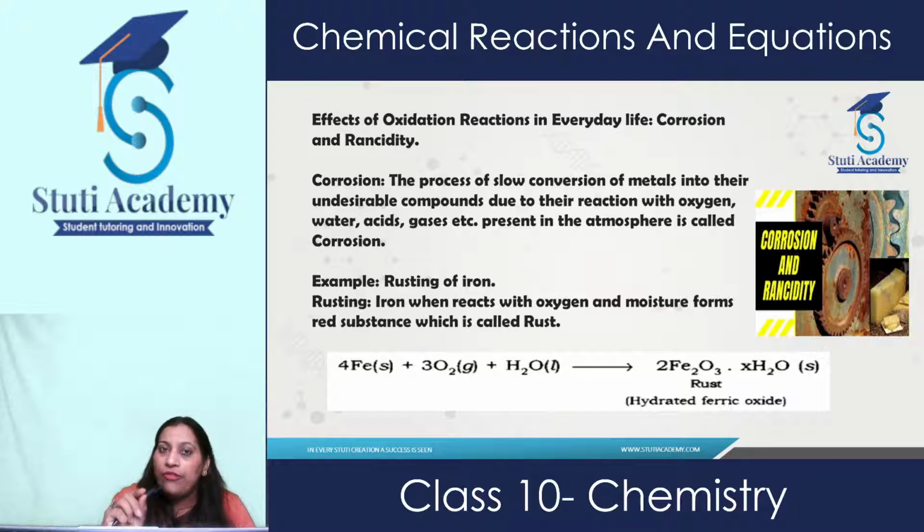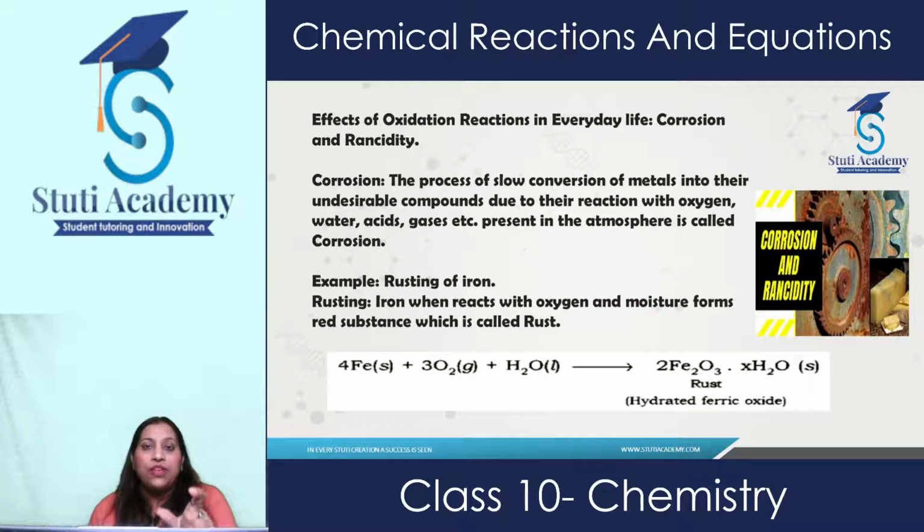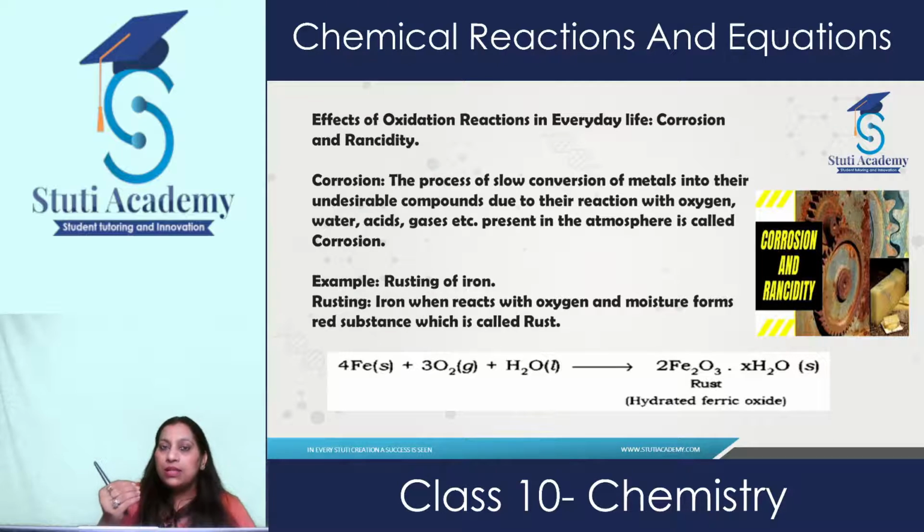This kind of reaction is known as a chemical reaction, in which a new substance is produced. And when we get a new product due to corrosion, we are losing some amount of metal when this corrosion reaction takes place. An example of such a corrosion reaction is the rusting of iron.